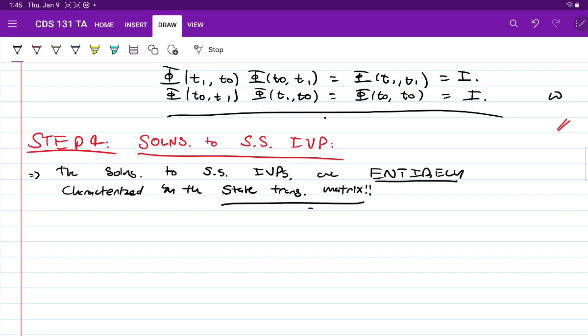Okay? So knowledge of the state transition matrix will enable you to solve a state space initial value problem, as long as the system is linear time varying, for any input as long as it's piecewise continuous. So this really gives us complete knowledge of what our solution is going to do. Okay, so with that said, let's go ahead and state this theorem.